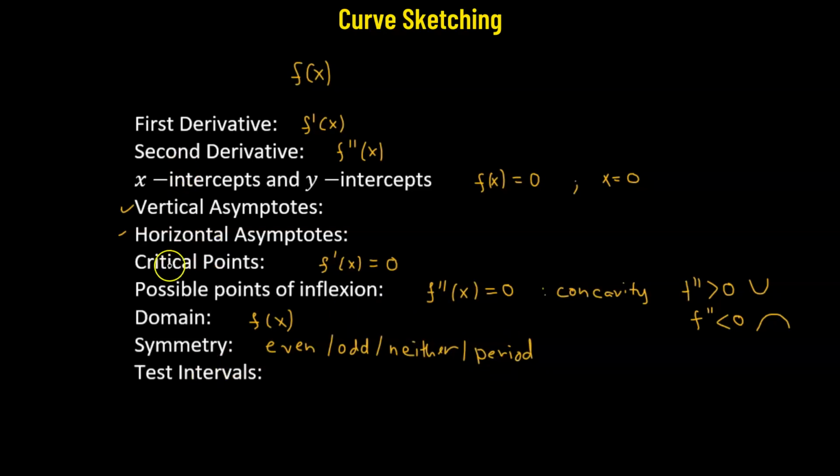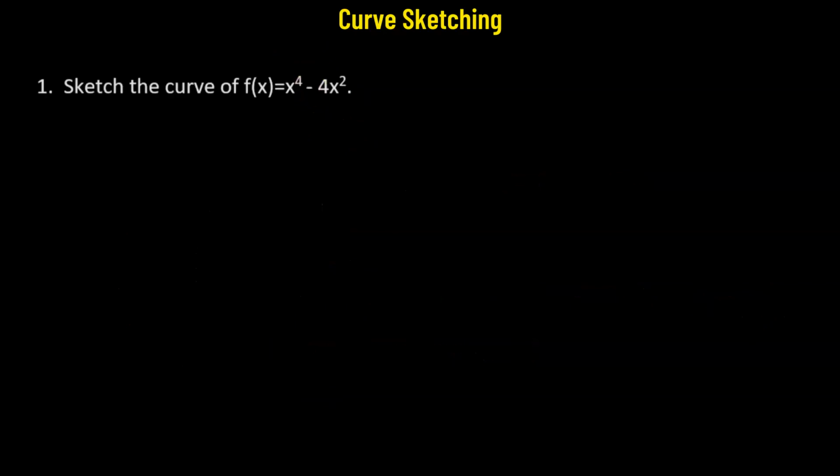And finally, based on the critical points, the possible points of inflection, as well as the domain, these three pieces of information are going to help us construct some test intervals. Using those test intervals, we will be able to approximately sketch the graph of a given function f of x. So let's try it out with the help of an example.